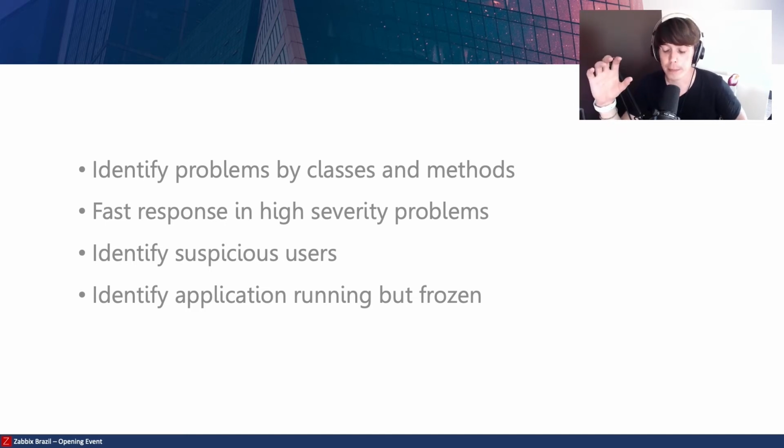So what can we get with inside-out monitoring? We can identify problems by classes and methods, as I said before. So we can just call a trapper in an application, in a function, in an if and else, whatever you want.